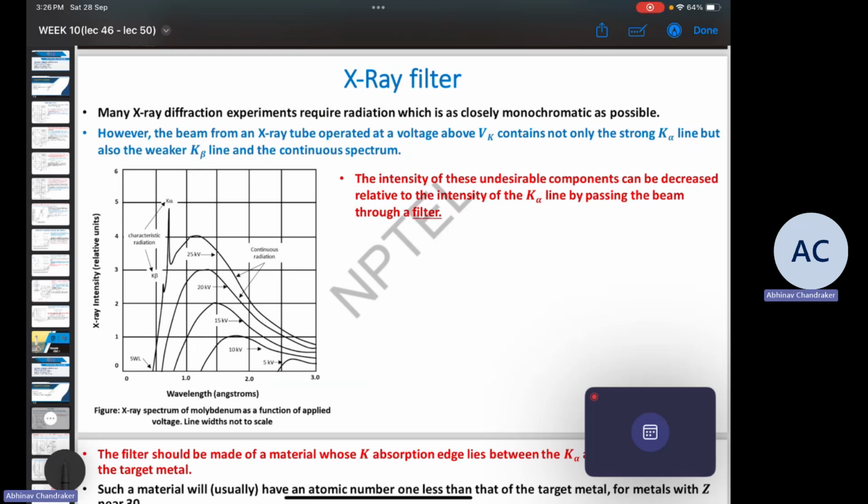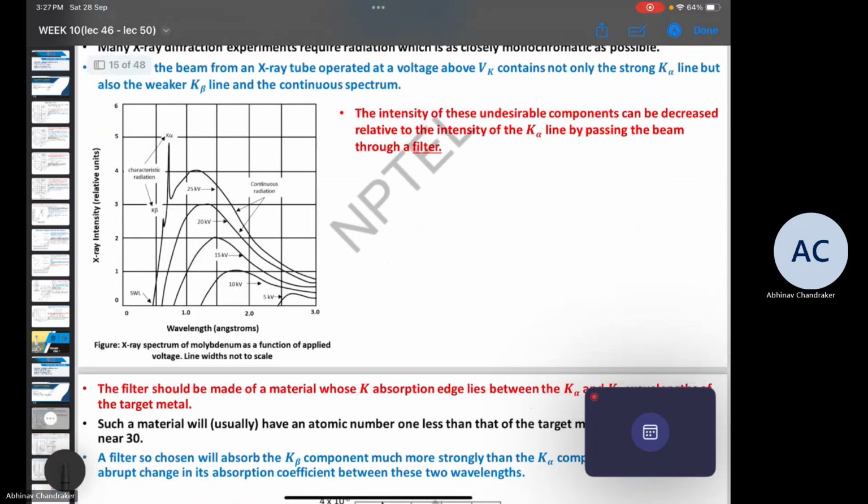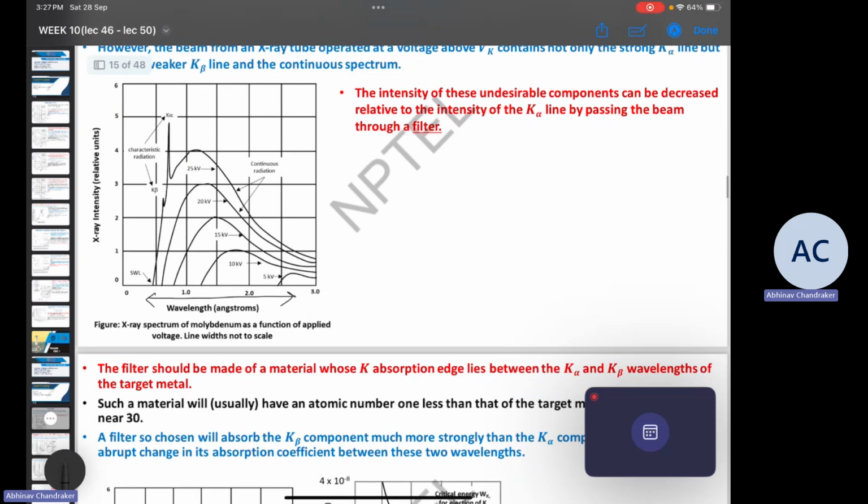Typically when you are producing X-rays, you'll get a continuous X-ray spectrum with some peaks, but it is possible to reduce the range of energies to smaller values by using a filter. So basically you are removing X-rays belonging to other energies and only keeping X-rays belonging to a particular energy. For example, that can be K alpha.